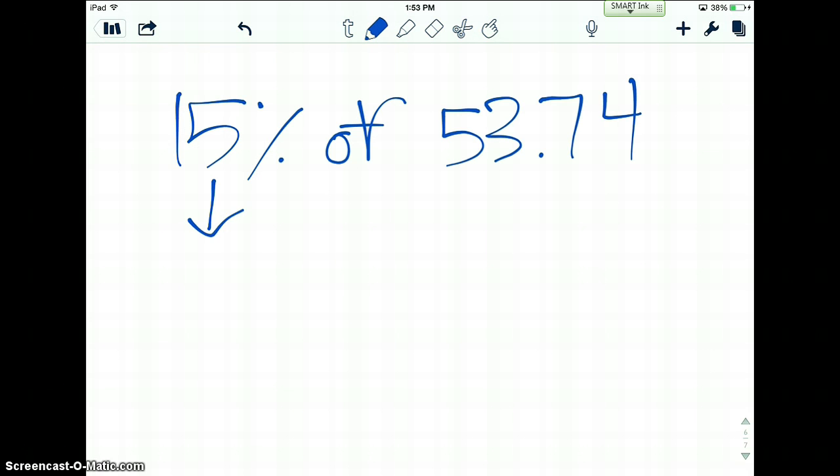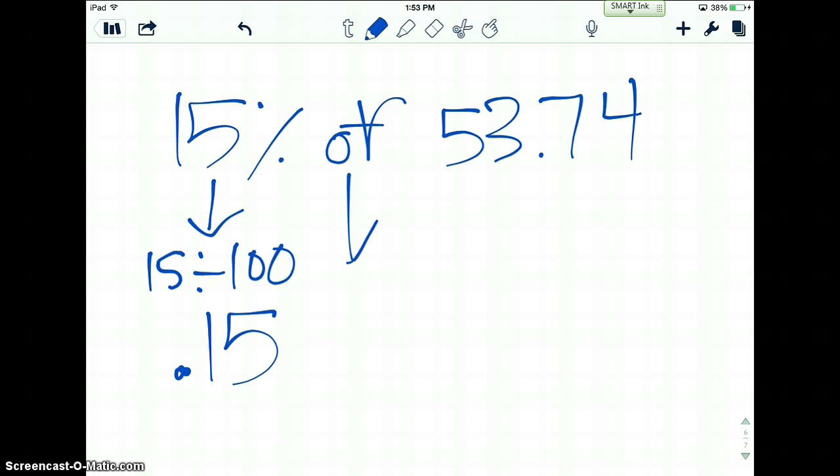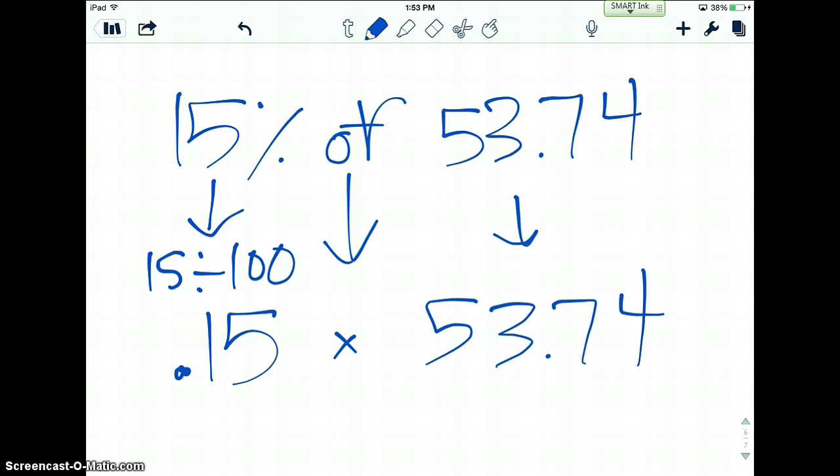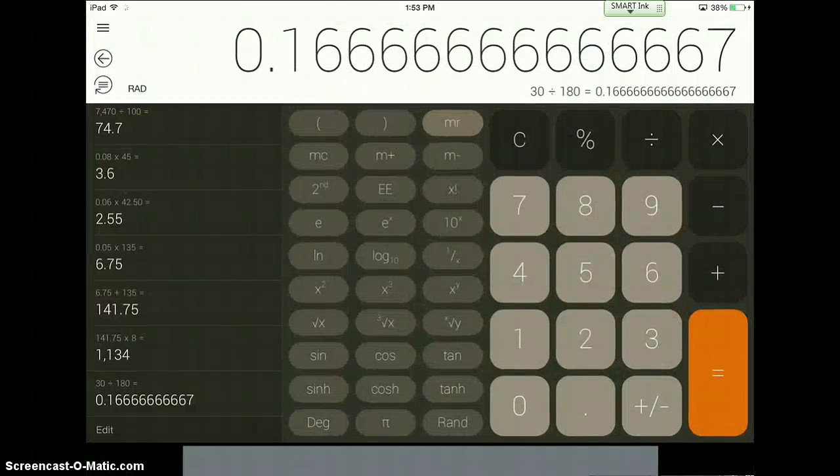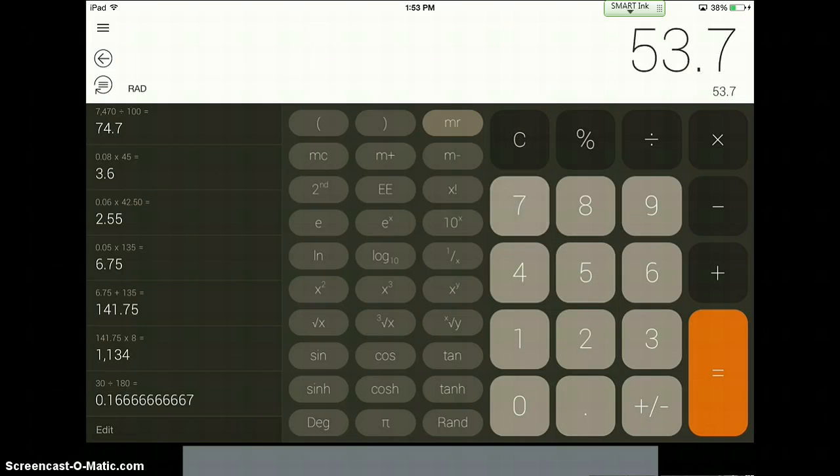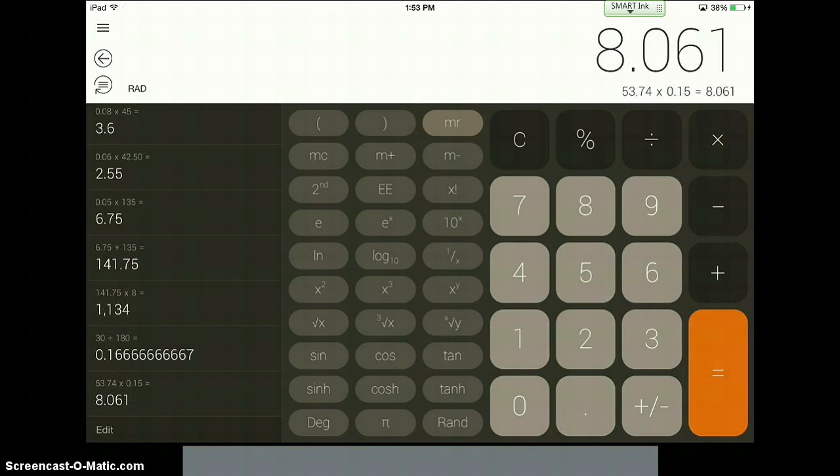So 15%, what is that as a decimal? If you're unsure on the calculator, you're doing 15 divided by 100. Or maybe you just know it now. 0.15. Of means multiply. And 53.74 means 53.74. So I'm going to go ahead and multiply that out. 53.74 times 0.15.